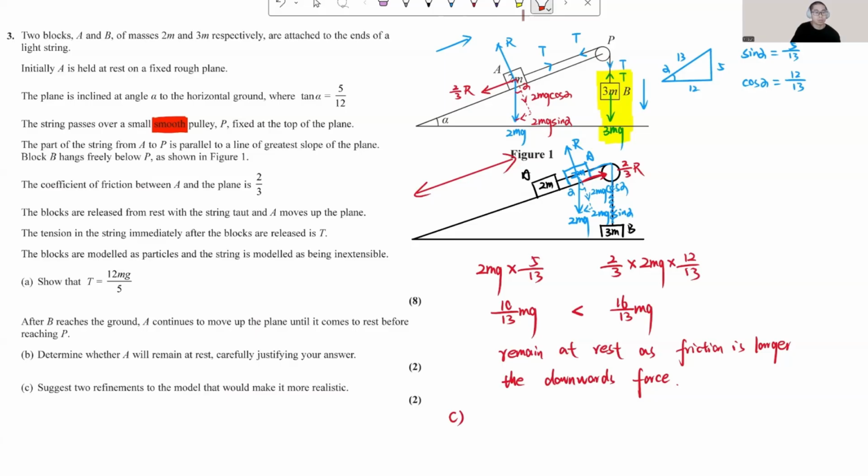And then, for example, the blocks are modeled as particles. You can say the blocks have dimensions, so that means the center of mass is not in the middle; it's not just on that dot. And also the string is modeled as being inextensible, so you can say the string is extensible. So you just have to say anything against them, or you can say a more accurate value of g.